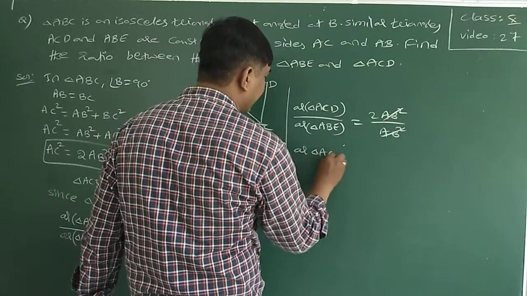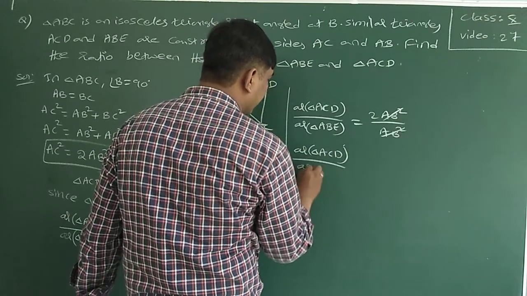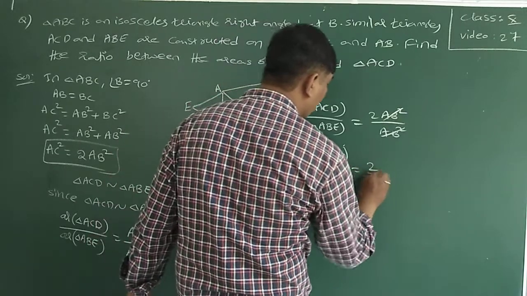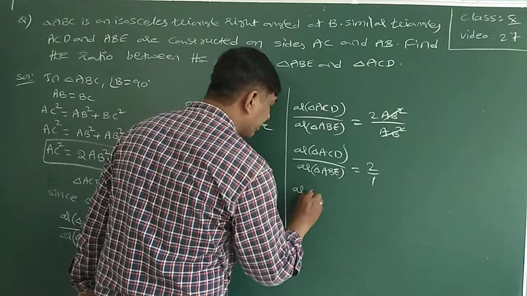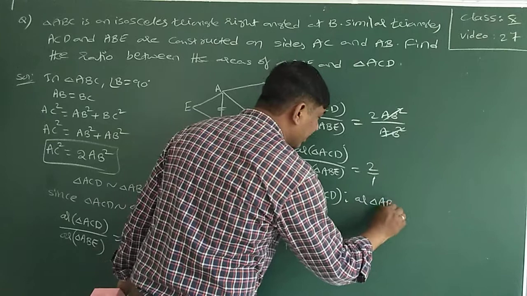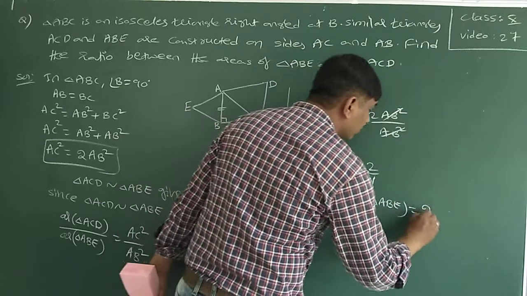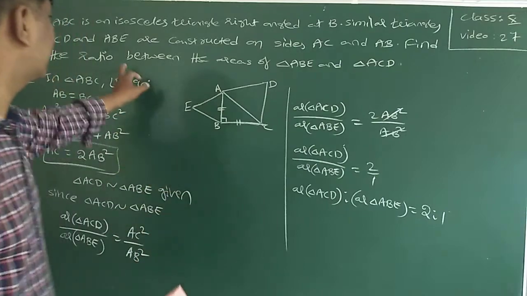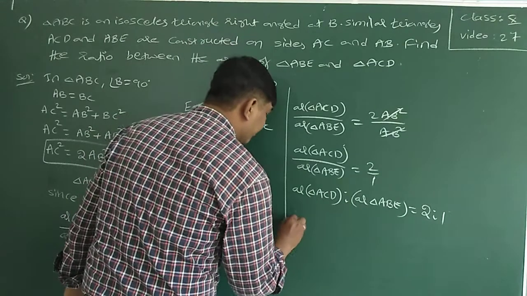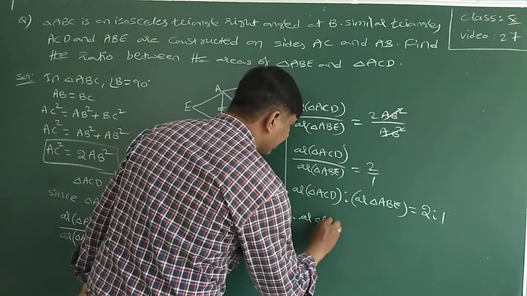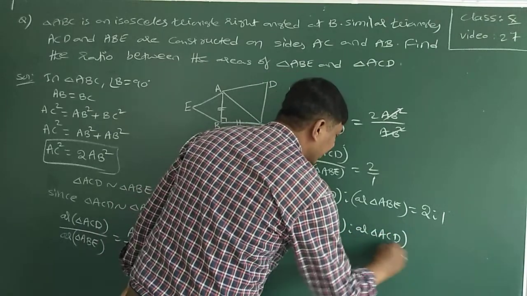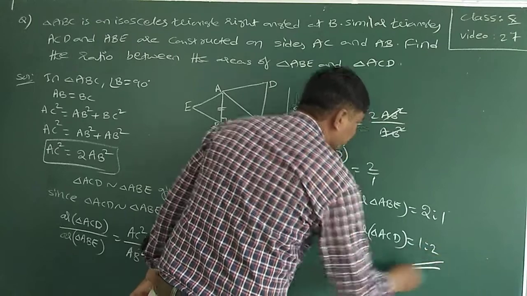Area of triangle ACD to area of triangle ABE is equal to 2 is to 1. What did they give in order? Ratio between ABE and ACD. First ABE is required. Therefore, area of triangle ABE is to area of triangle ACD is equal to 1 is to 2. Two ways I found.